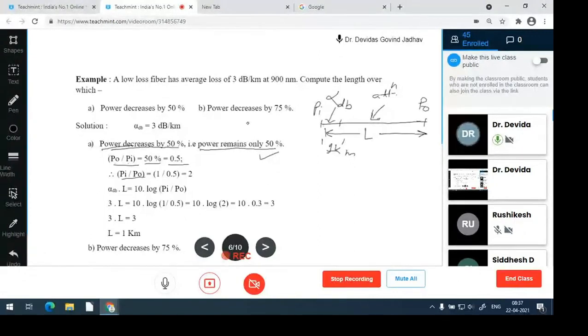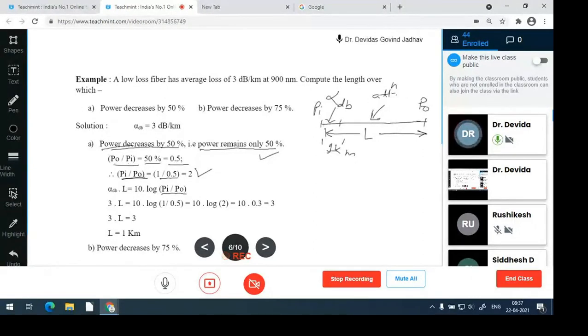So PI upon PO will be 1 upon 0.5, that is 2. PO upon PI is 0.5, PI upon PO is 2. So why have we calculated PI upon PO? Because in the formula we require PI upon PO. Input power divided by output power is attenuation.